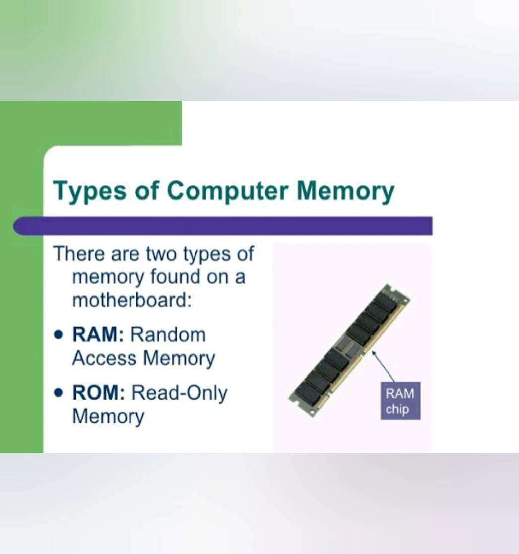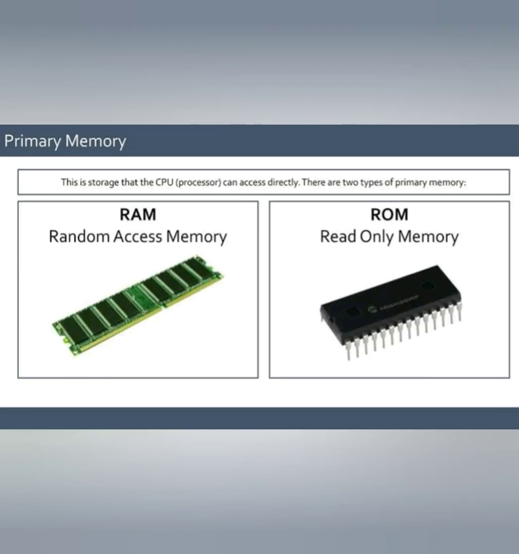We can access the information randomly only when the computer is turned on. We can read and write data on this temporary memory. If the power suddenly goes off, all the data stored on it is lost. So, RAM is also known as volatile memory.